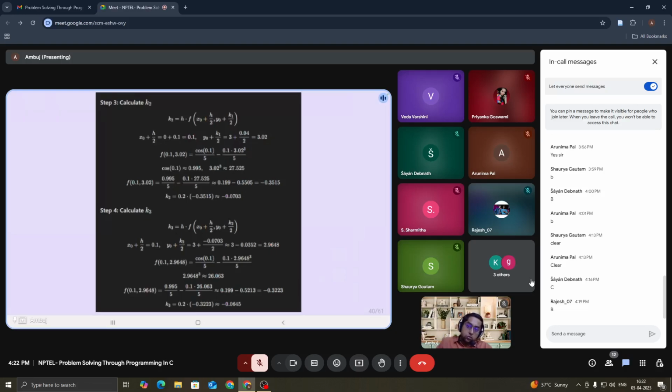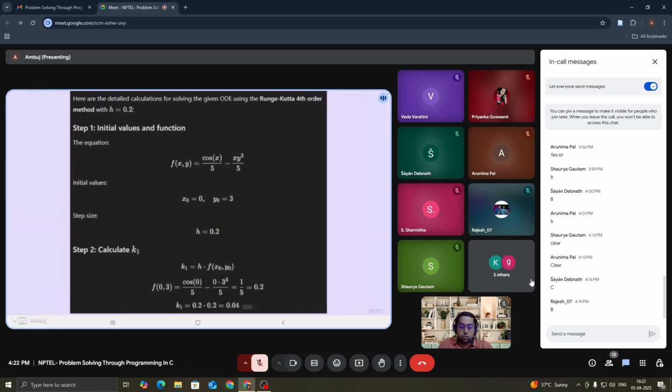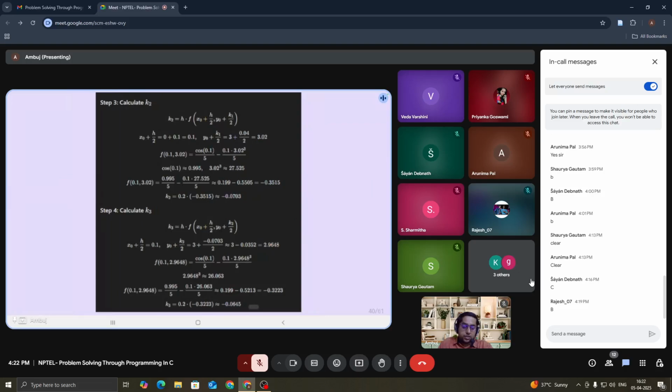k2 is h into f of x naught plus h by 2, y naught plus k1 by 2. x naught plus h by 2 is 0 plus 0.1, because h has been provided as 0.2, and 0.2 by 2 is 0.1. So 0 plus 0.1 is 0.1. Then y naught plus k1 by 2 is 3 plus 0.04 divided by 2, 3.02.